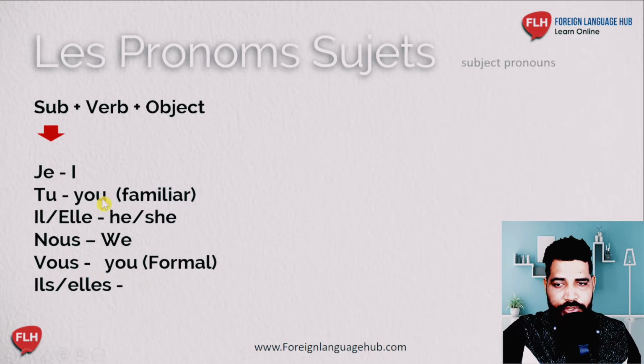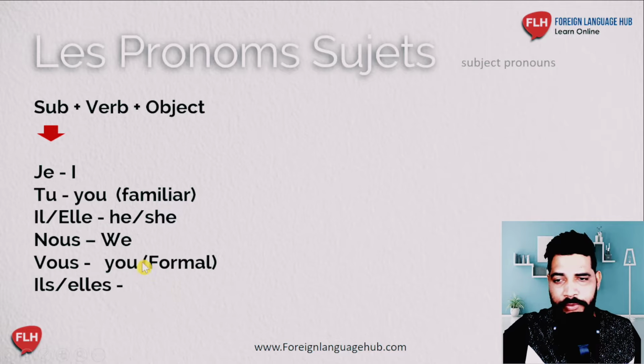Now you see this you and this you. This is for singular ones and this is for plural ones. This can, in certain cases, also be used for a singular person, but you're using it because you want to give them respect or you are being very formal with them. The last one is ils, elles, which is they. It is not written here. Pardon me for that. So ils, elles is they, right?